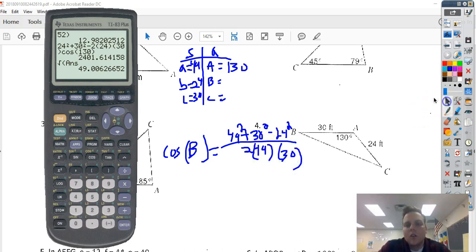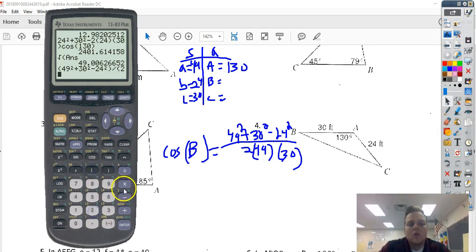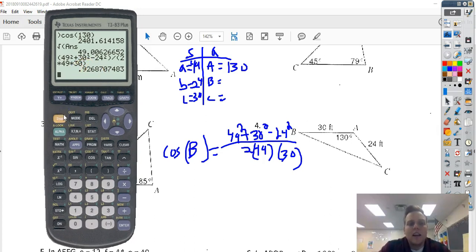So this is now just a plug and chug. 49 squared plus 30 squared minus 24 squared, all divided by 2 times 49 times 30. And I get that cosine of B is equal to this. Then I inverse cosine it, and I get 22.05.